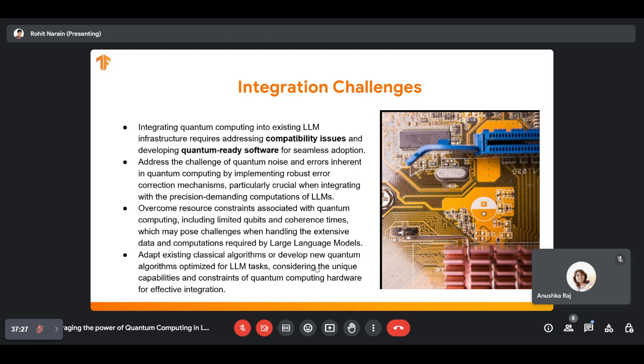And second thing is, we can develop the algorithms, but to run those algorithms, we sometimes need some quantum ready software or quantum hardwares to process that information. So that can also be one challenge. And the third thing is that current quantum hardwares have limited qubits.